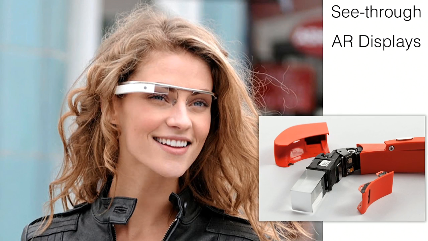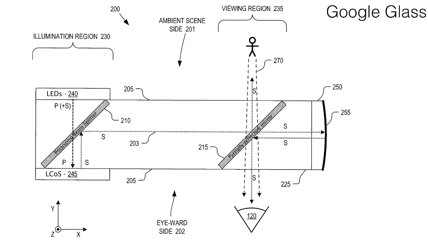If we think about AR displays, and we're not going to talk about AR displays much in this course, I just want to highlight how they're different. In an AR display, you want to see the real world, ideally optically unobstructed. So I want to see all of you just like I am now, and then digitally superimpose virtual content on top of that. The design that Google Glass, for example, used is very simple. We have an LED that acts as a backlight.